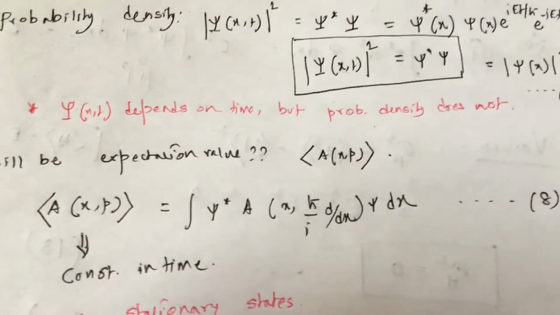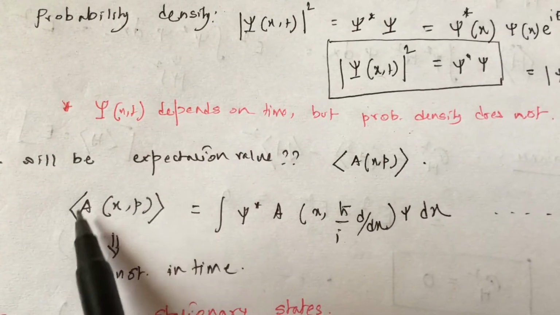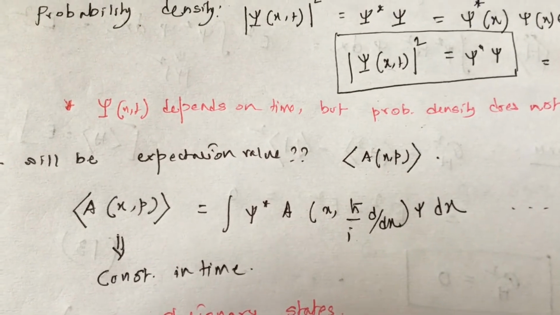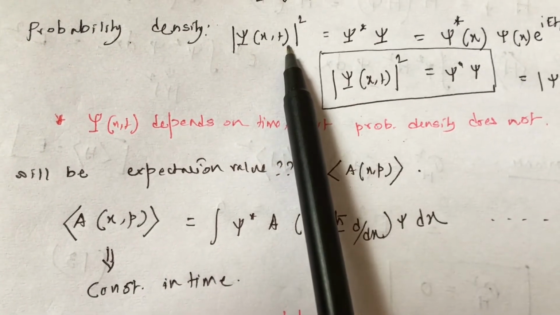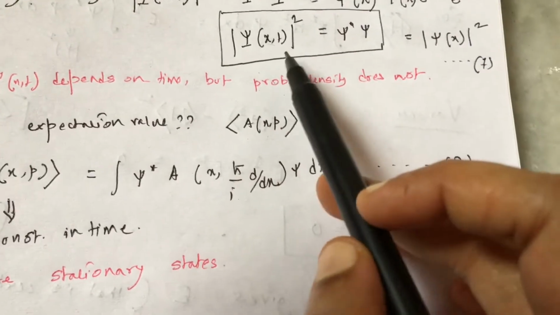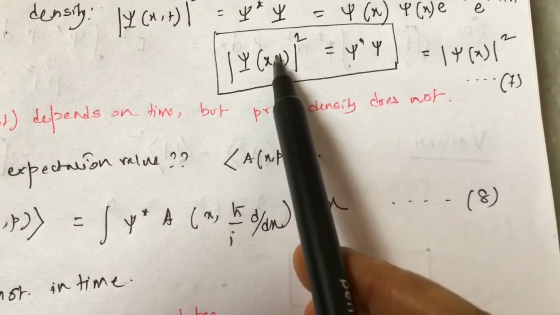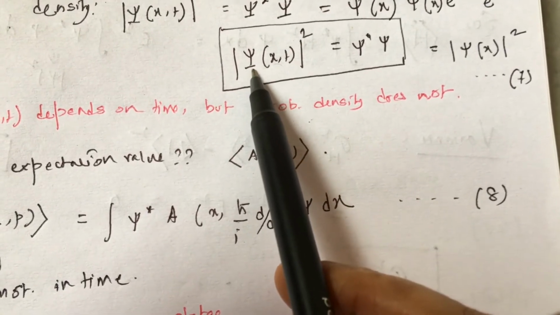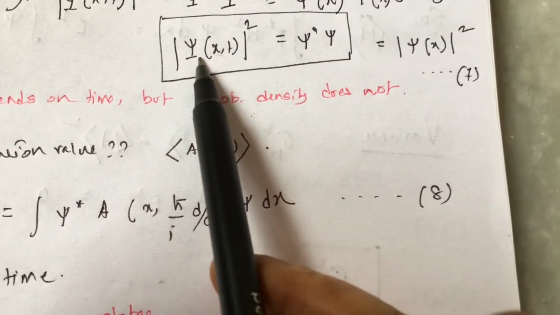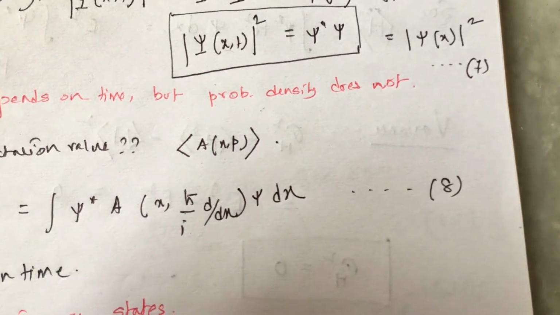Though the state has an explicit time dependence, the expectation value is the regulating factor in determining whether psi is a stationary state or not. And from the probability density, we can easily see from equation 7 that though big psi is dependent on time, the probability density of big psi is completely independent of the time factor.